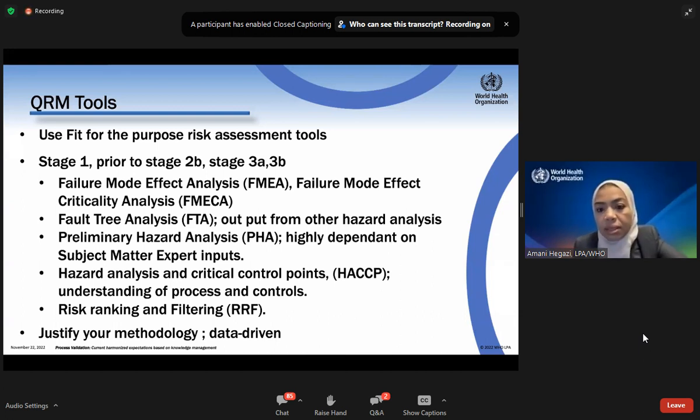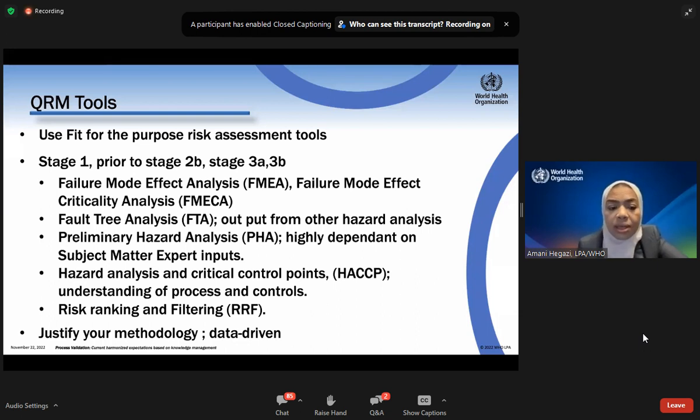Another tool is the preliminary hazard analysis. And this tool is commonly used when there is a low understanding of the process and a very small amount of information is available, and it's highly dependent on subject matter expert inputs.